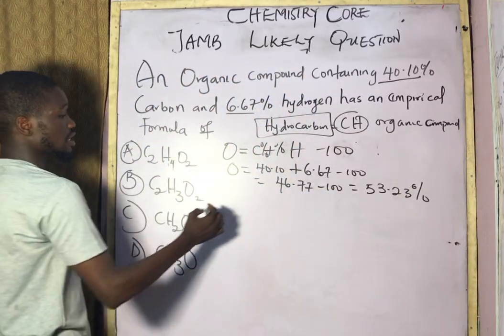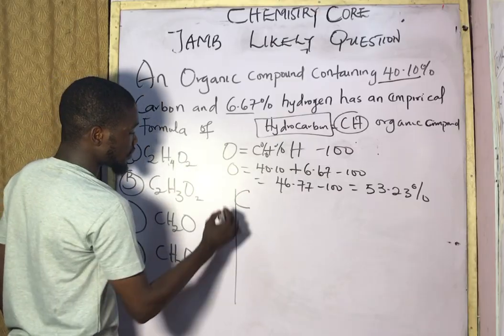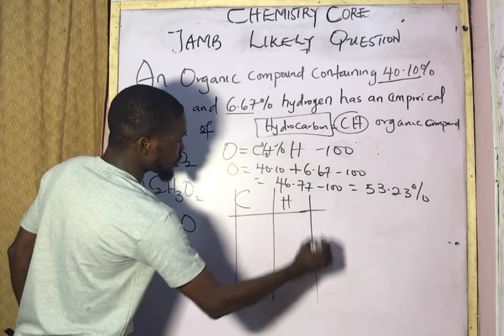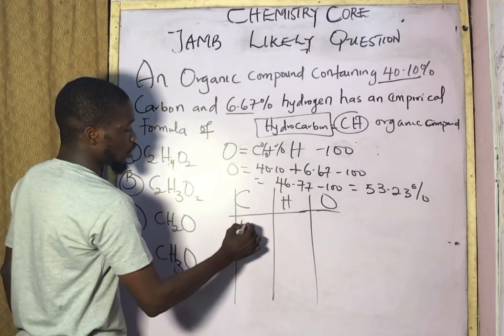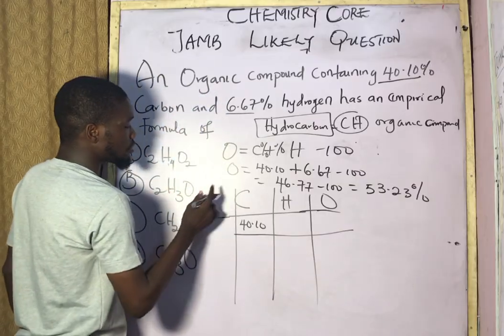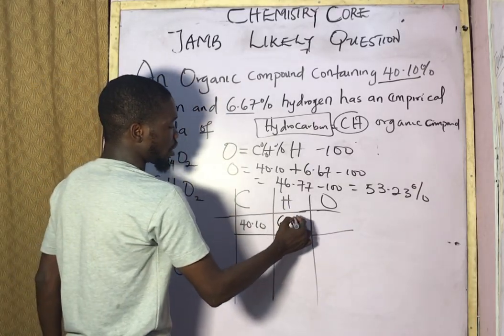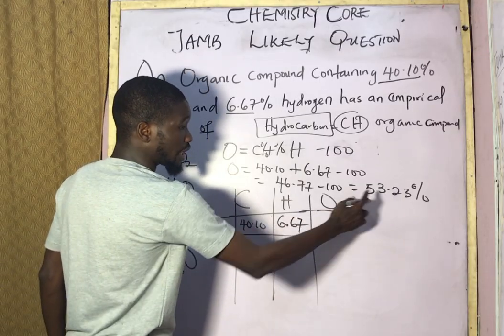Now that our carbon percentage is given, then hydrogen, then you have oxygen. The value of carbon is 40.10. You underline it. So we call it percentage by mass of element. For hydrogen, we have 6.67. And this oxygen that we just showed the calculation, we have what?